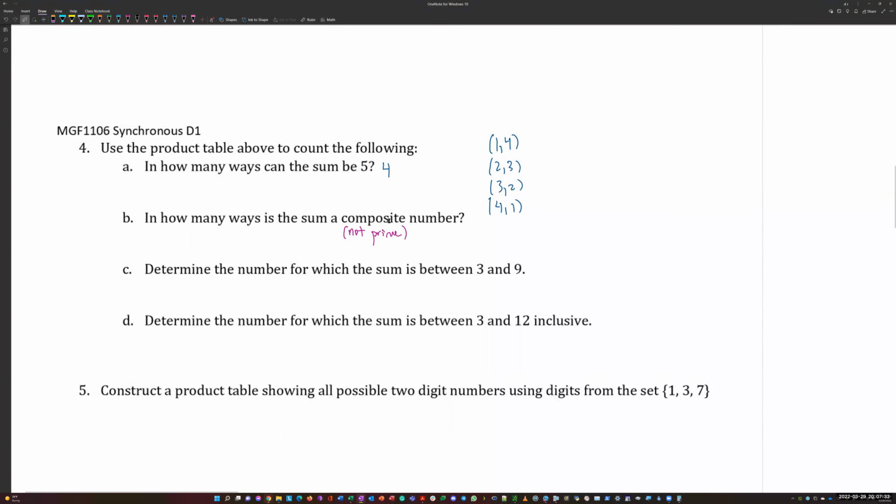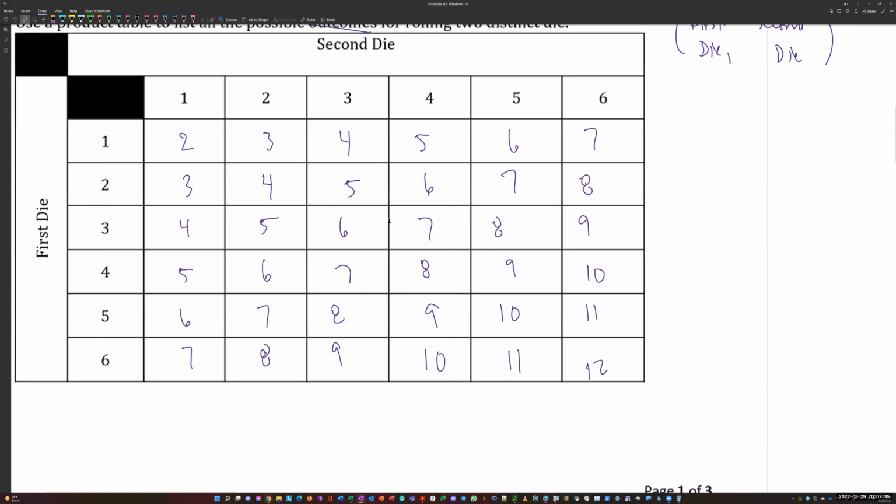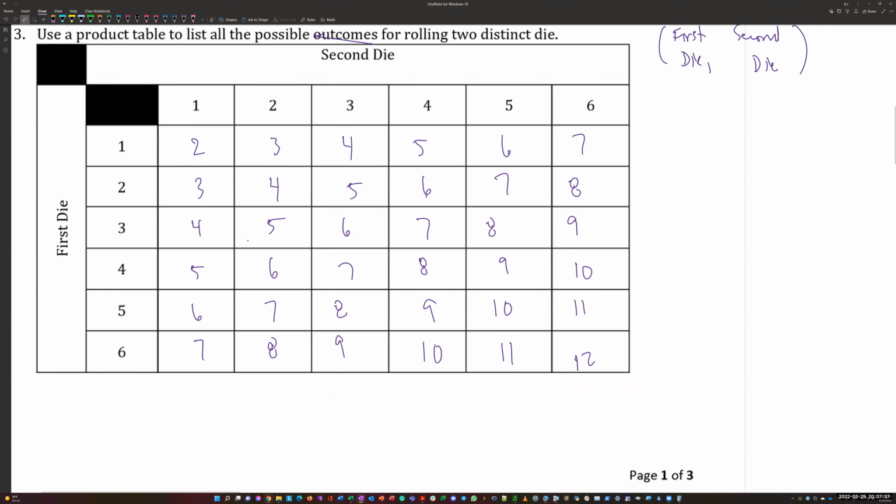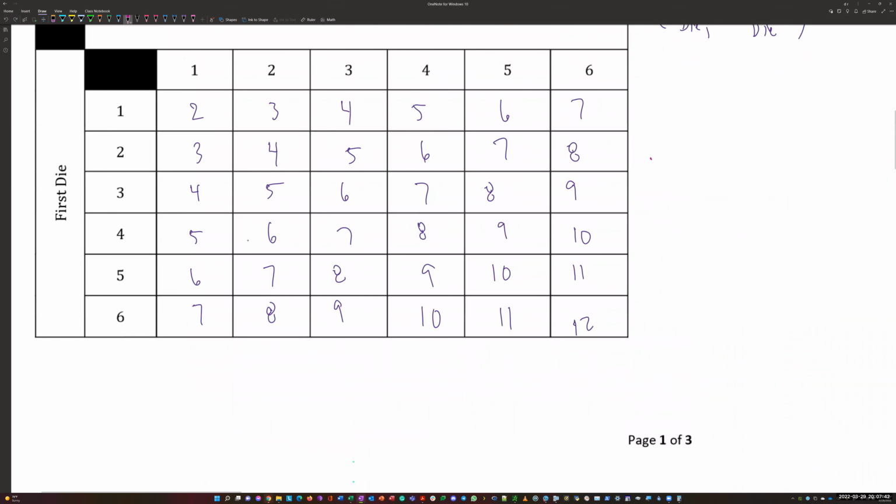Well, we've got to see which ones aren't prime. 2 is prime, 3 is prime, 4 is not prime, so there's 3 4s. 5 is prime. 6, there's 5 6s. 7 is prime. 8, there's 5 8s. 9 is not prime, there's 4 of them. 10 is not prime, there's 3 of them. 11 is prime. 12, there's 1.